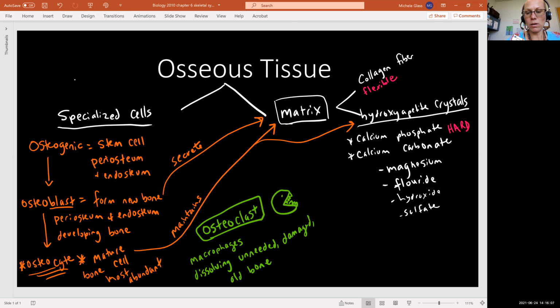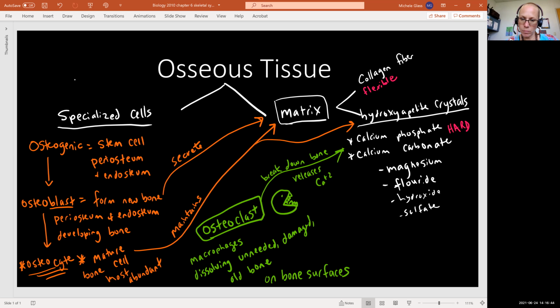So they're important in breaking down bone and releasing calcium. We'll see them located on bone surfaces. They have to be present where bone is present.